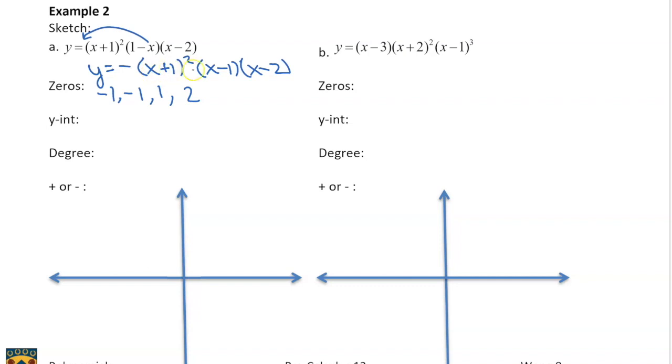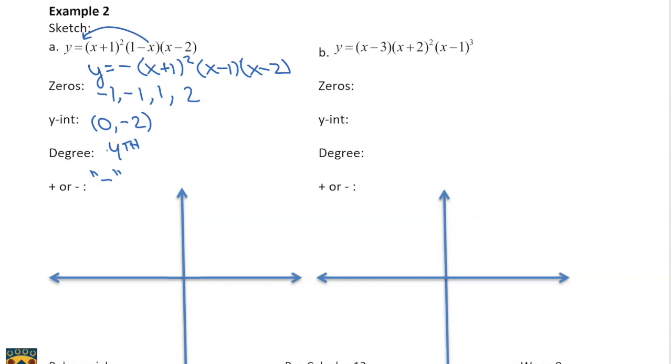You would get 1 times negative 1 would be negative 1, times negative 2 would be positive 2, and then times a negative sign would be negative 2. The degree, if you were to expand that, is fourth degree, and because we had to factor out a negative, this is going to be a negative quartic function. It's going to open down.